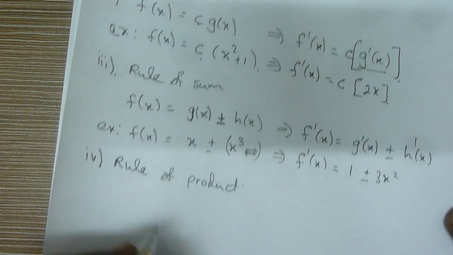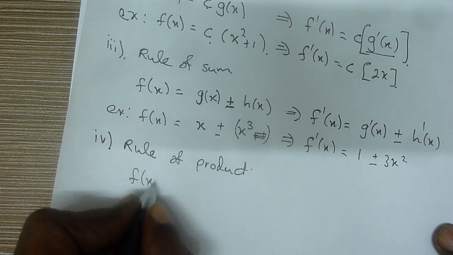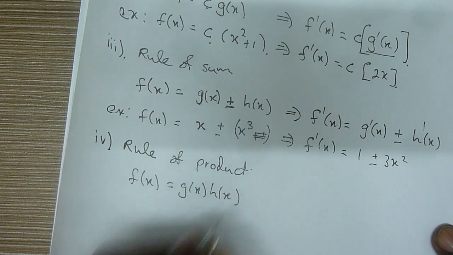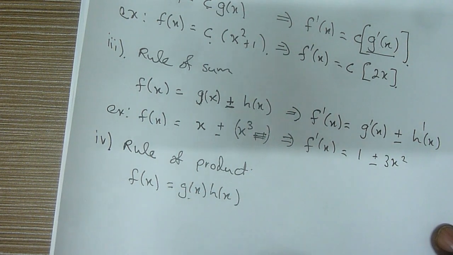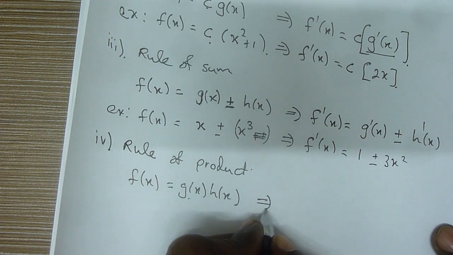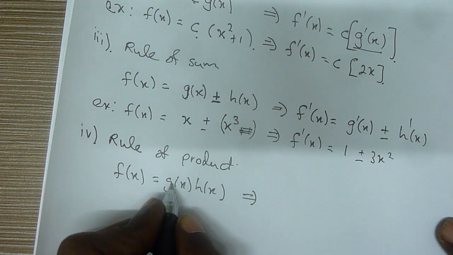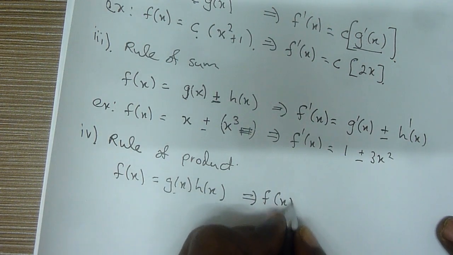The rule of product is basically f(x) equals g(x) times h(x). There are two functions in a product term. When we define this, again it is two-way. First you need to define one function here, f(x).